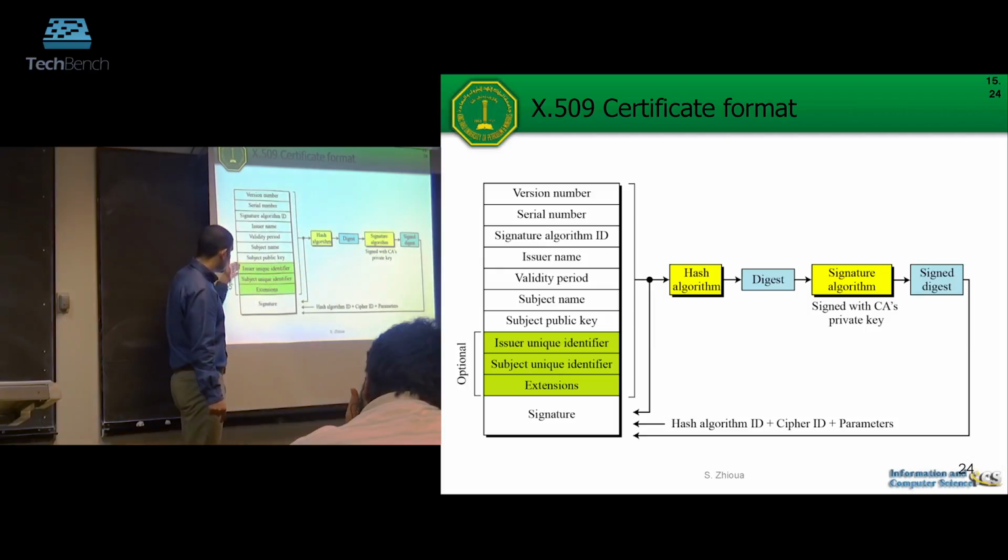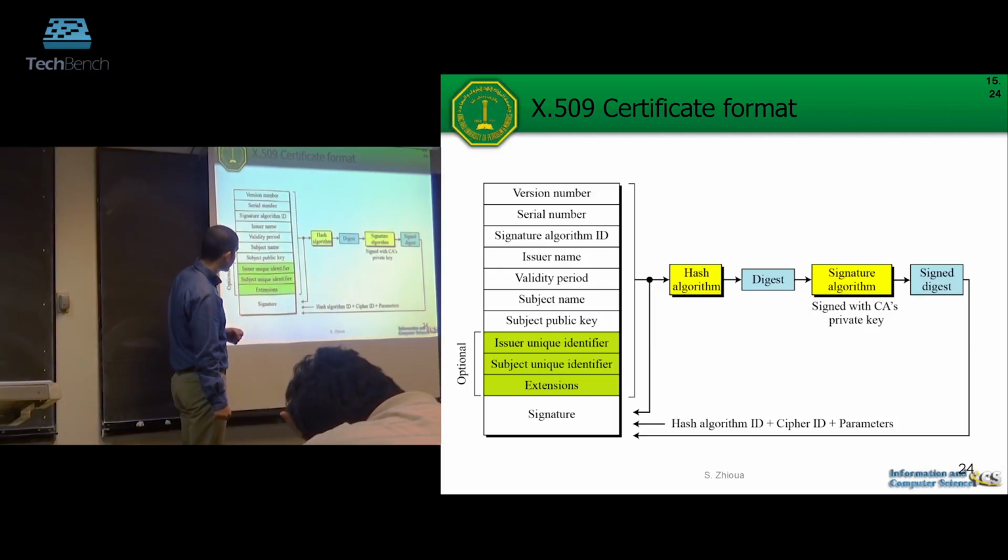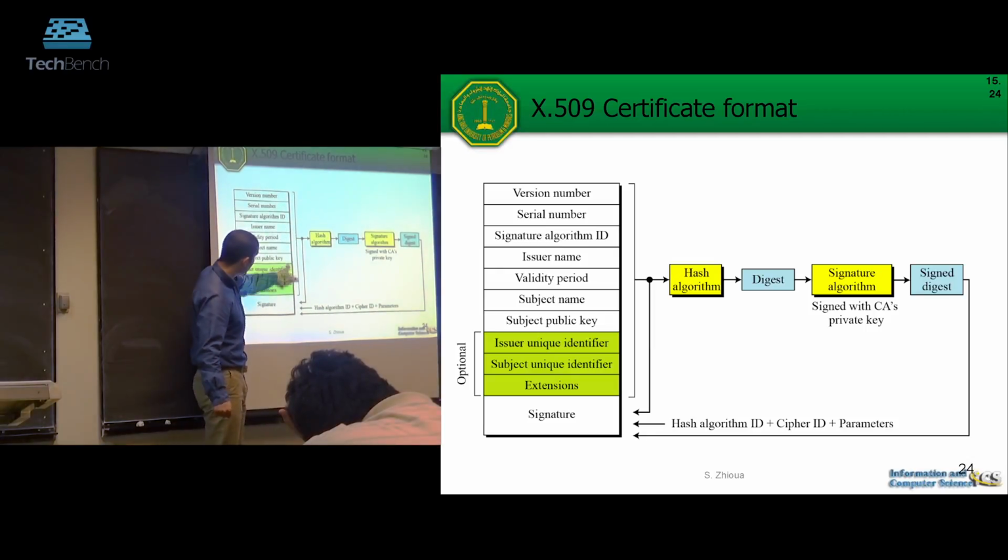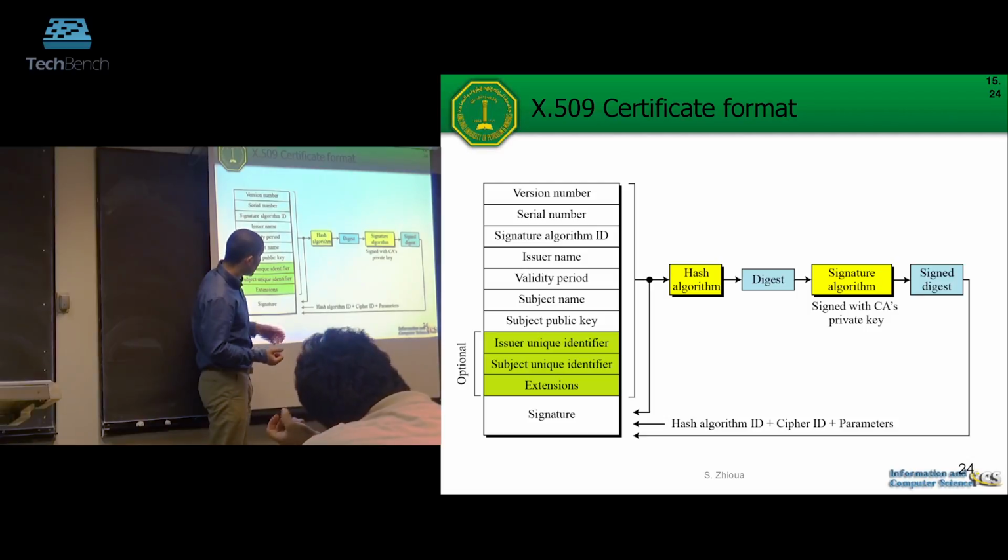And then you have these optional items, and then you have the signature. And the signature, basically, you will sign all this part. All this part, you're going to sign it using the hash.